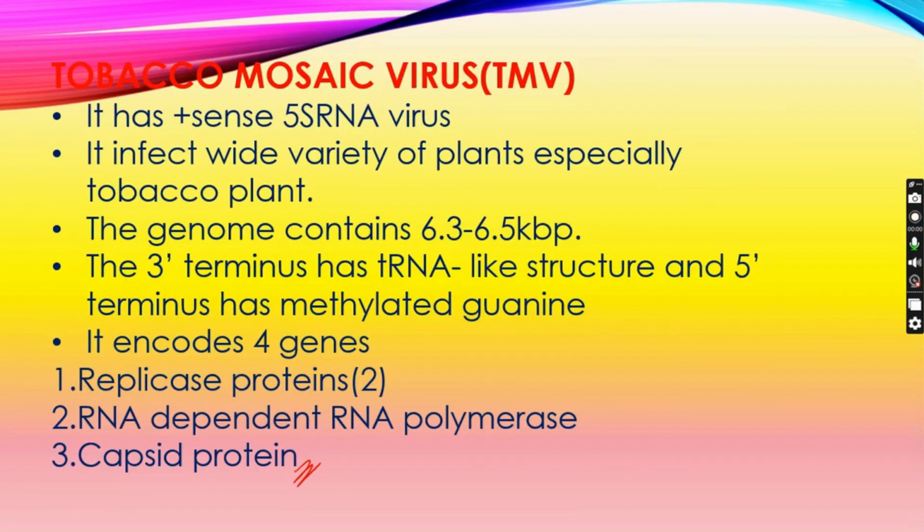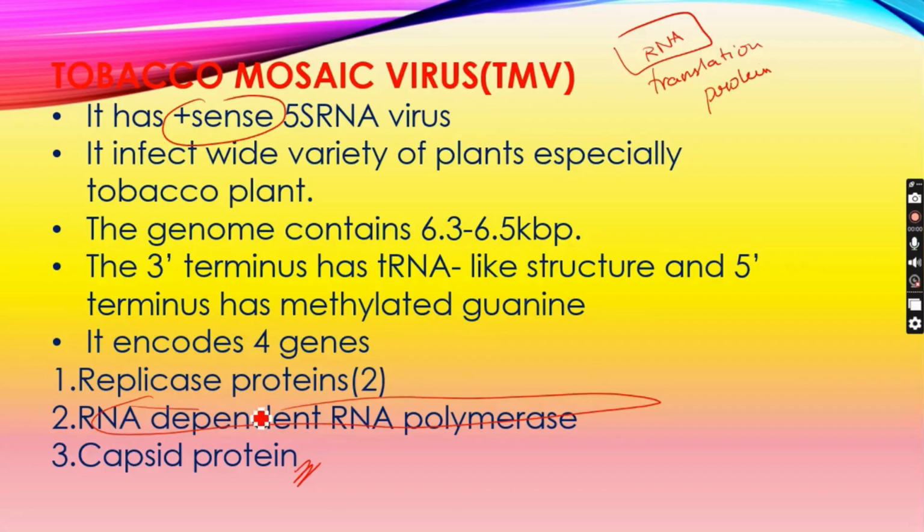The tobacco virus is positive sense, so it can undergo translation and create its own proteins directly from the original RNA. But why is there a need for RNA-dependent RNA polymerase and replicase protein?